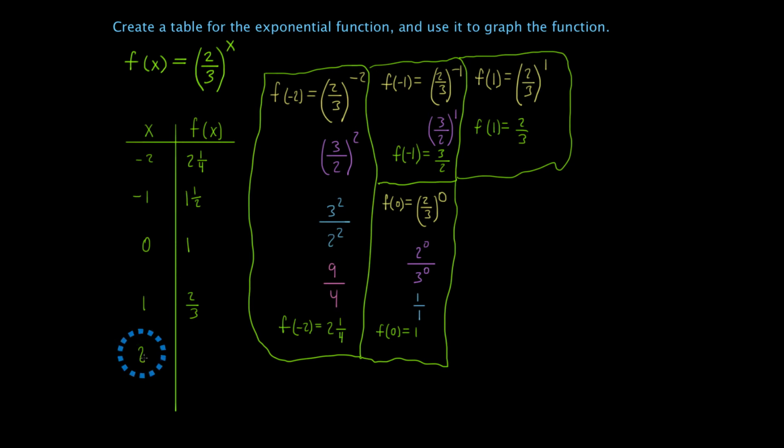Now let's look at when x is 2. So f of 2 is equal to 2/3 to the second power. So now I have 2 to the second power over 3 to the second power, which is 4/9.